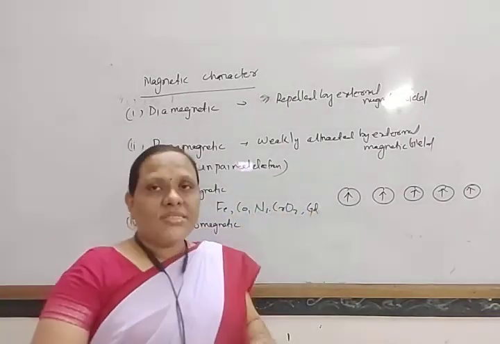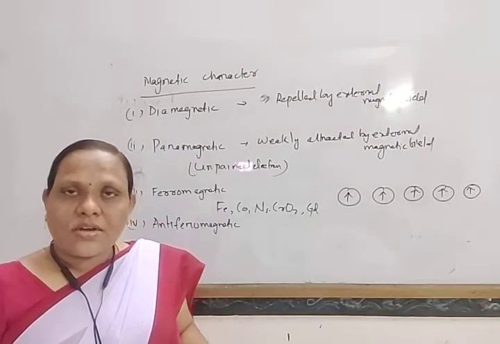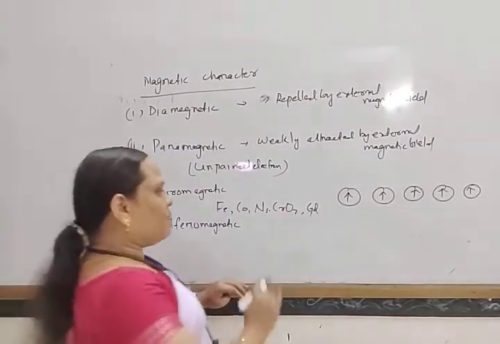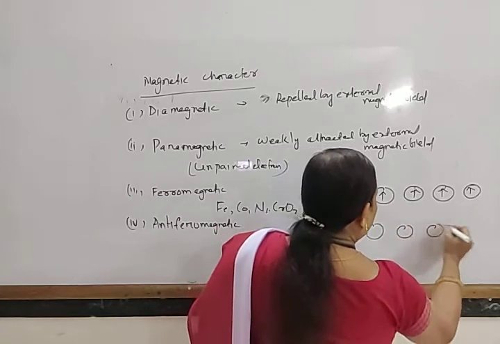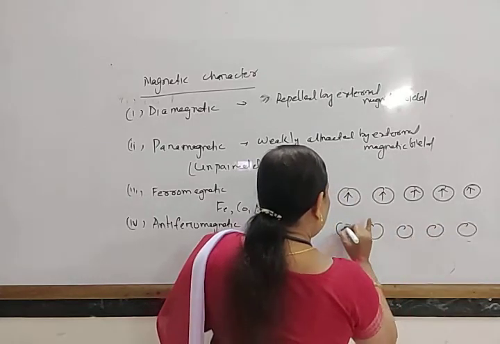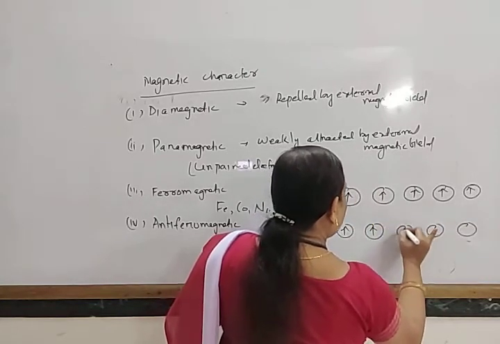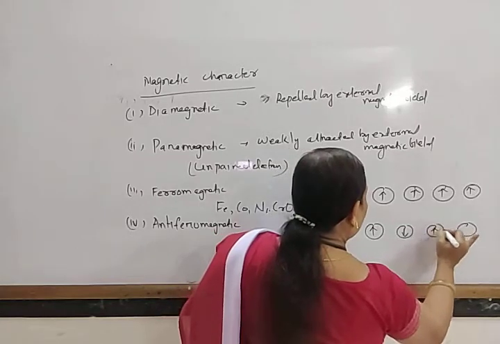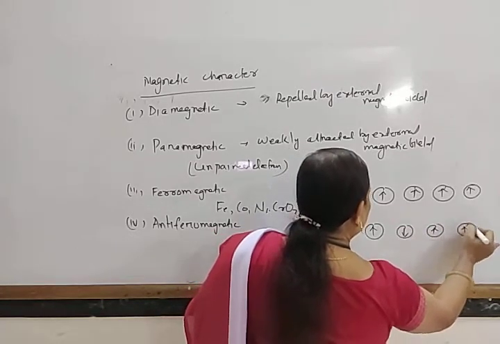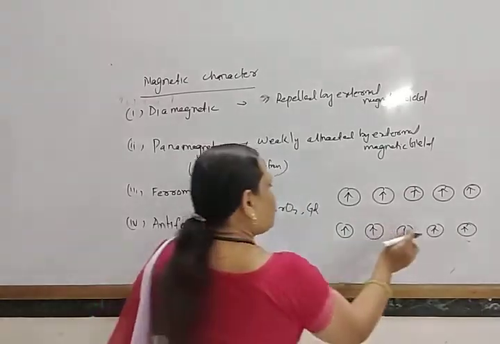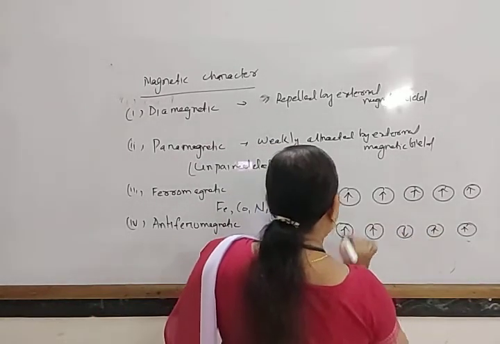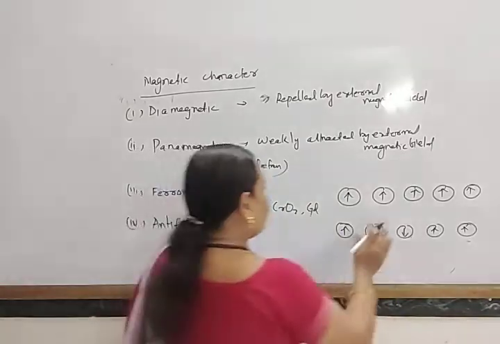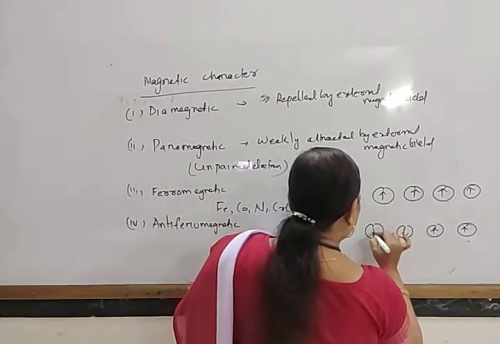All the domains are arranged in different directions, and when a magnetic field is applied, if these domains remain parallel and anti-parallel in an unequal way, then that gives rise to antiferromagnetism.